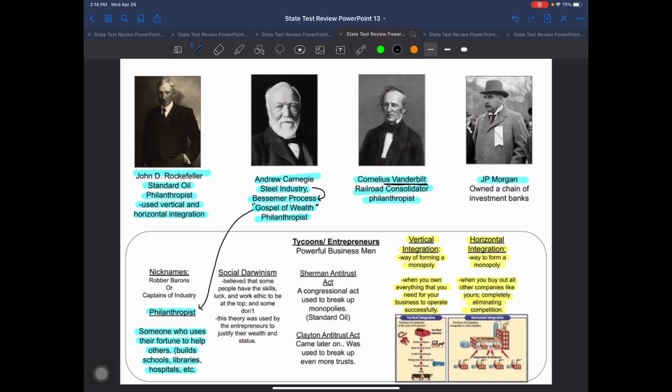The last one over here, to be honest with you, J.P. Morgan, winds up being kind of a jack of all trades. The number one industry that he starts out in is actually investment banks, the banking industry. And that's a huge responsibility, a huge role that he has.